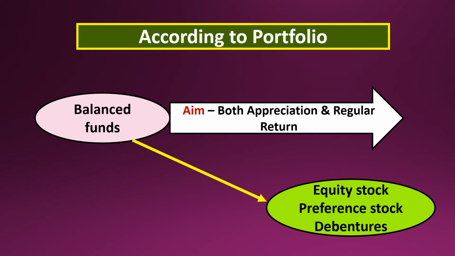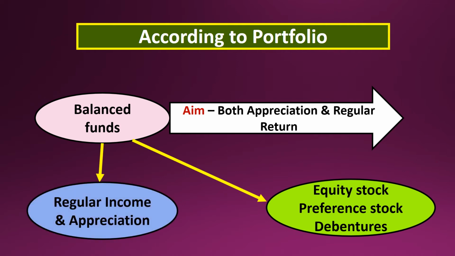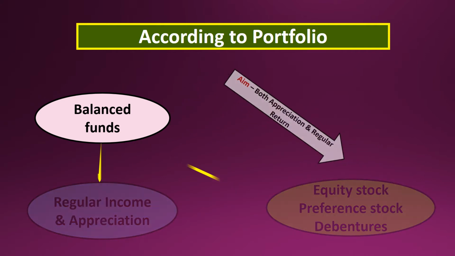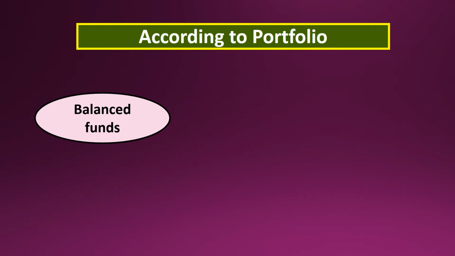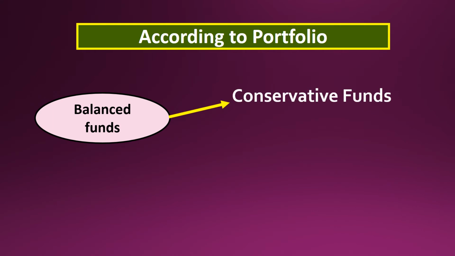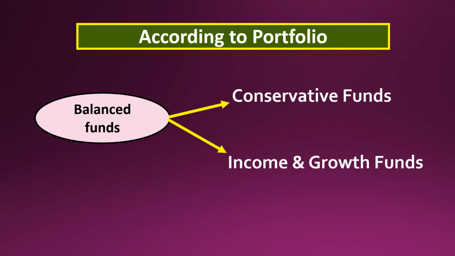The balanced funds thus ensure both appreciation in stock as well as regular return in the form of interest and dividend. Thus, investors have the advantage of regular income and appreciation in the value of securities. And these funds are also called conservative funds or income and growth funds.